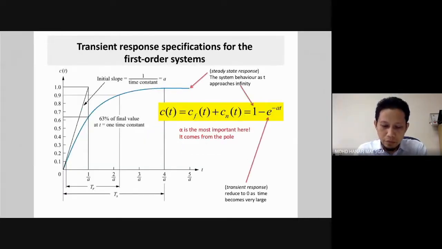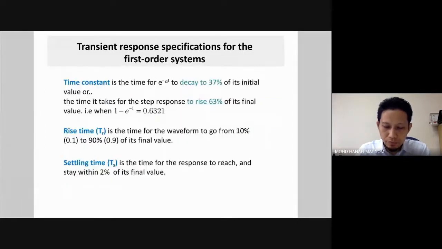Now, transient response specification for the first order system. We have a few time transient response specifications that we can define for the first order system. So we have the time constant, the rise time, and the settling time. So what is time constant?